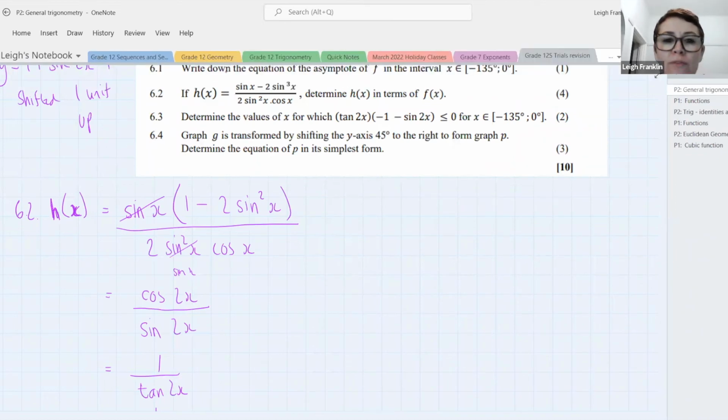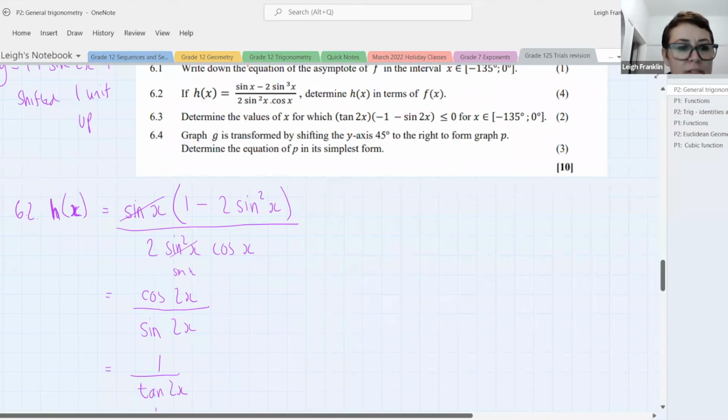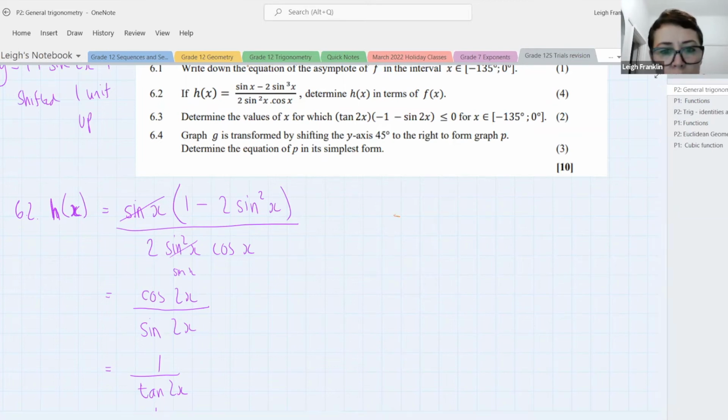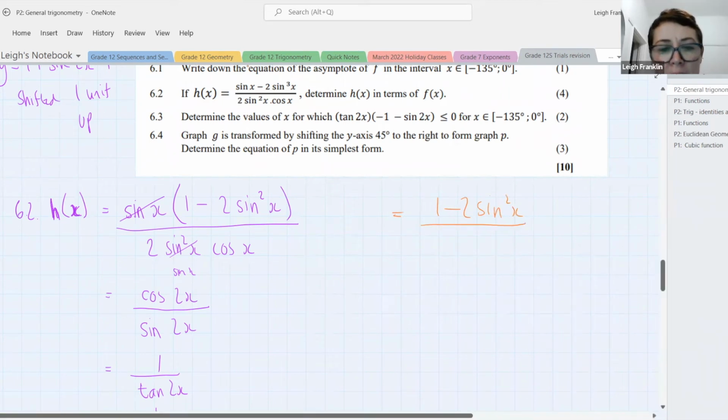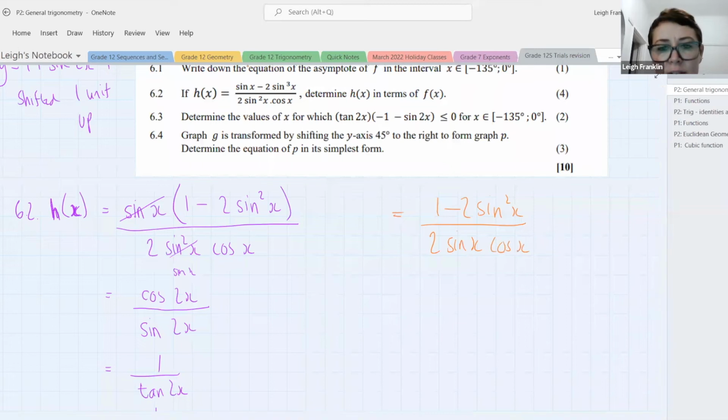Okay, so all we've done is we have simplified the expression, just like we would simplify any identity or trigonometric expression. So we've taken sine x out of the numerator, and we've been left with 1 minus 2 sine squared x, right? At the bottom, we've been able to cancel the sine x at the top with one of the sine x's at the bottom. So at the top, we've now got 1 minus 2 sine squared x. And at the bottom, we've got 2 sine x cos x.